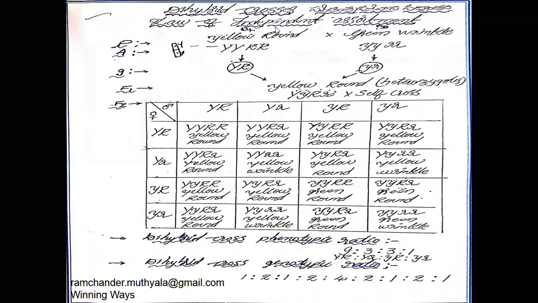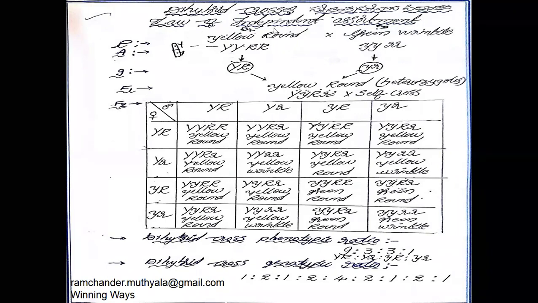According to this law, the genes for each pair of characters separate independently from those of other characters during gamete formation, called the law of independent assortment.